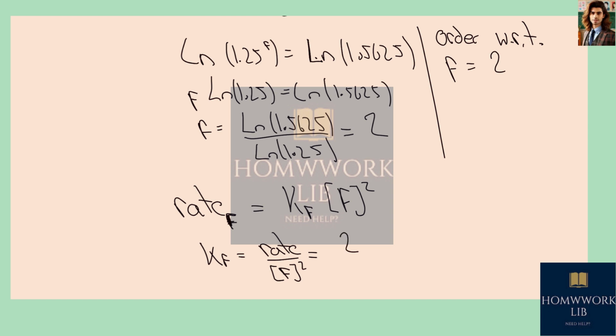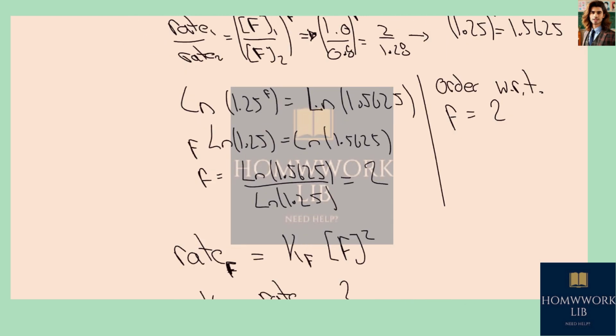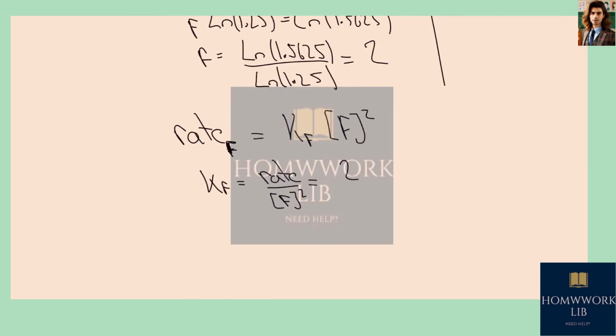In this case, the rate is equal to 2, as you can see from the first entry on our table. Here, rate is equal to 2, concentration is equal to 1. So our rate constant is going to be 2 over 1 squared. The units are going to be molar second to the minus 1 divided by molar squared. This is going to give us molar to the minus 1, second to the minus 1, and the value is going to be 2.